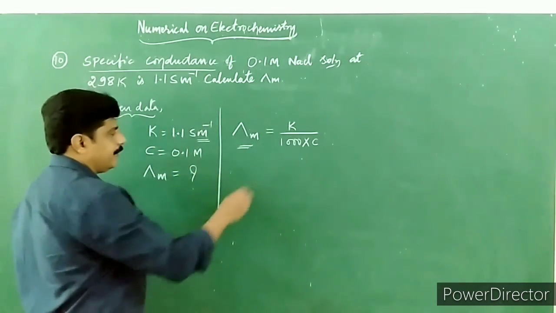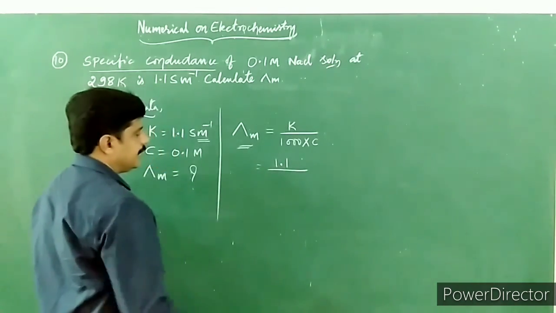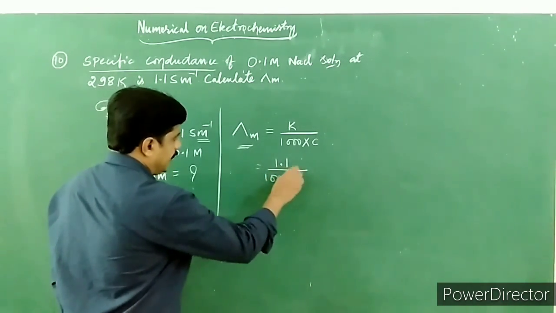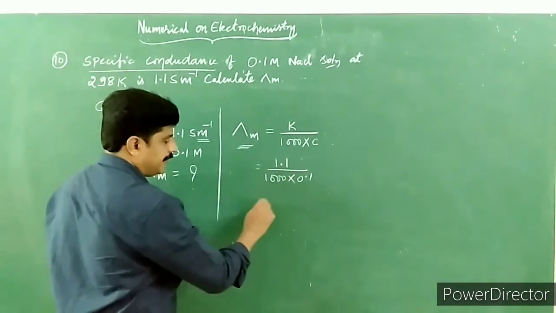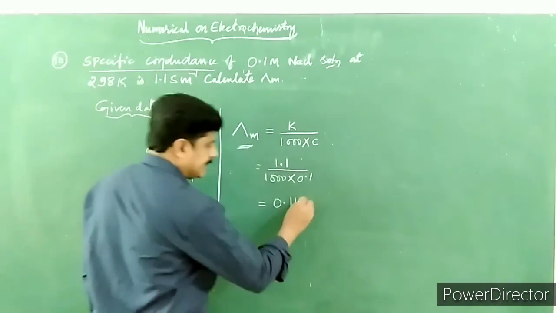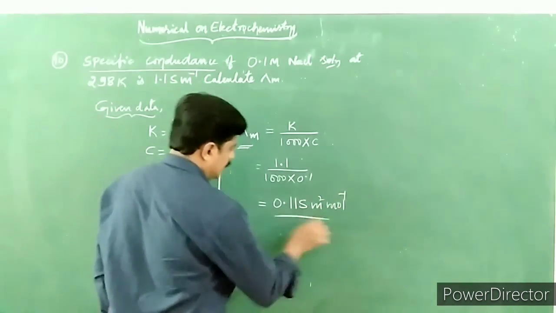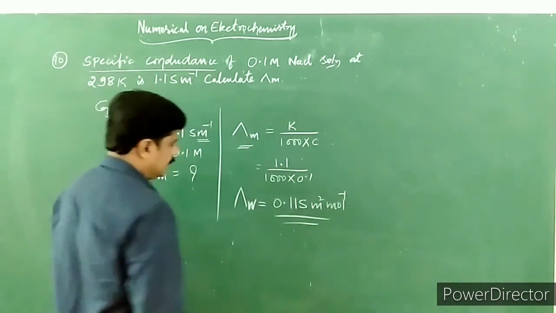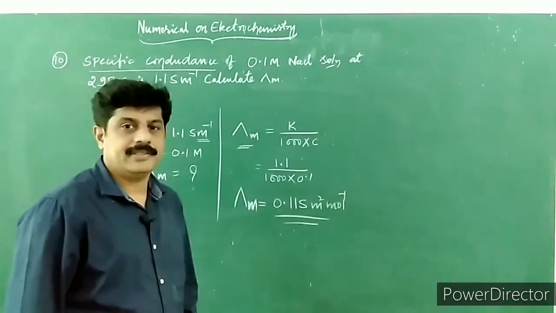To find out lambda m. Look at here. K is how much here? 1.1 Siemens per meter. 1000 into C is how much here? 0.1. Children, if we simplify, we are going to get 0.11 Siemens meter square per mole. So this is what is lambda m, otherwise molar conductivity.